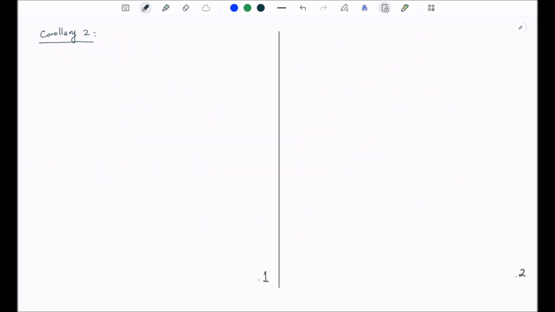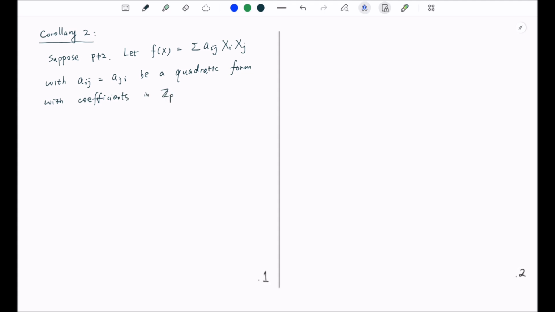Our next two corollaries are related to our favorite polynomials, namely quadratic forms. Corollary 2 states that if p is a prime number not equal to 2, and let f be a symmetric quadratic form with coefficients in Zp, whose discriminant, namely the determinant of the matrix formed by aij's, is invertible.